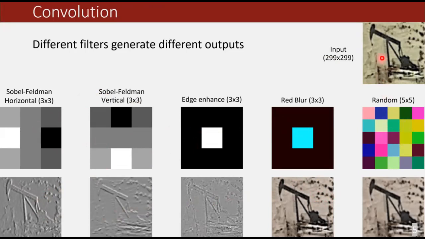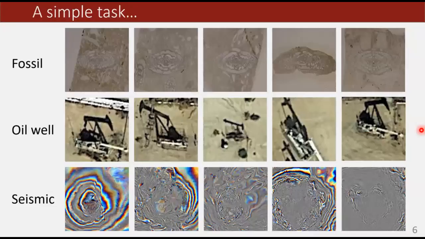What happens when we get this input and we convolve it with a random kernel, a kernel with random weights? We get this output, and again we can see the output is actually quite similar to the input. And through a process called training, the values here change based on the objective we set for that model, right? And I'm going to try to illustrate that with this very simple task here.